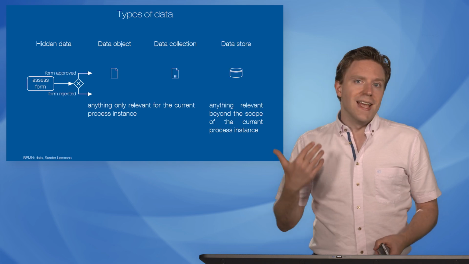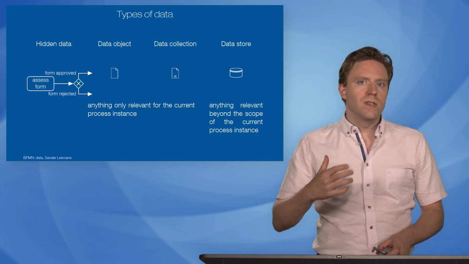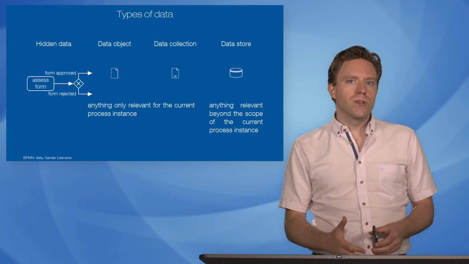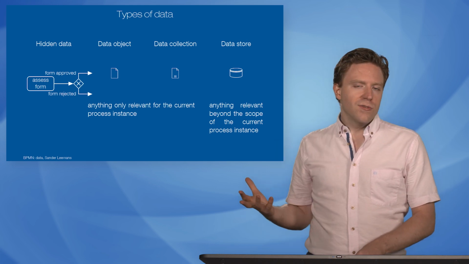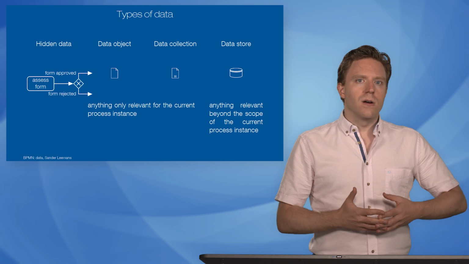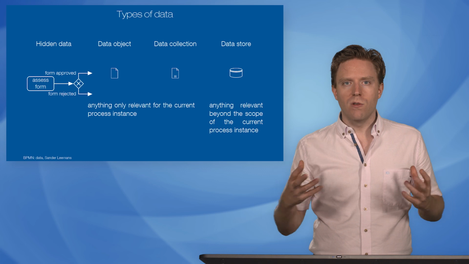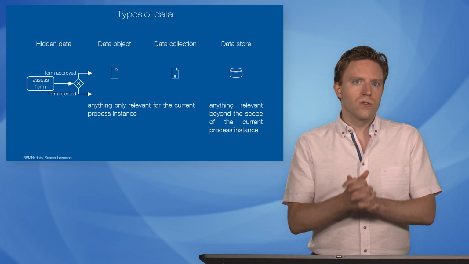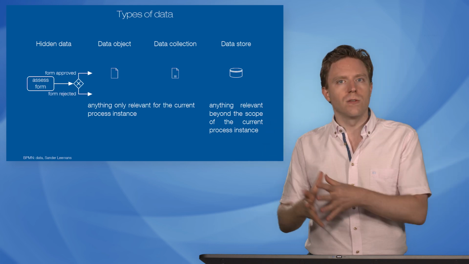Finally, we have a data store. So a data store remembers data beyond the current process instance. So let's say that we want to archive something, or we are looking at a warehouse and checking stock. That would be a data store, because it is not just relevant to the current process instance, but also further beyond.